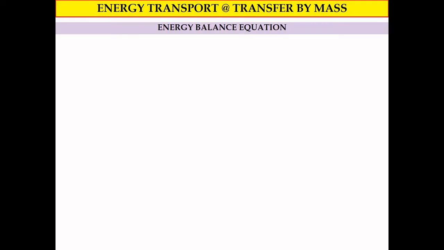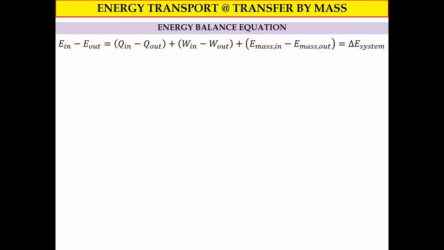Okay, now we want to derive the energy transport or transfer by mass, which is referred to as the E mass equation. In the energy balance equation that we have learned before, we have E in minus E out equal to Q in minus Q out plus W in minus W out plus E mass in minus E mass out equal to delta E system.